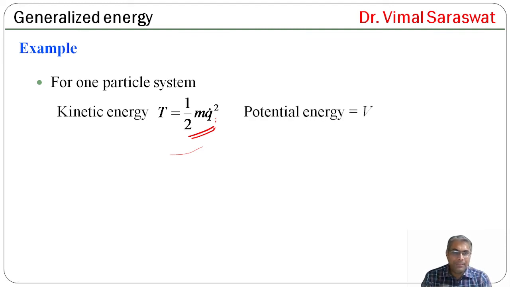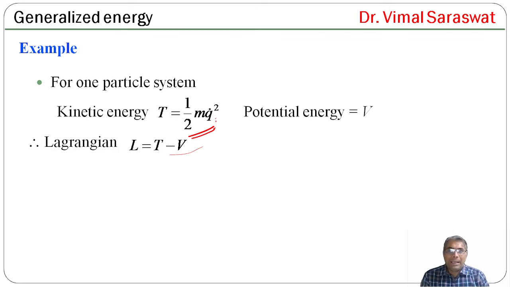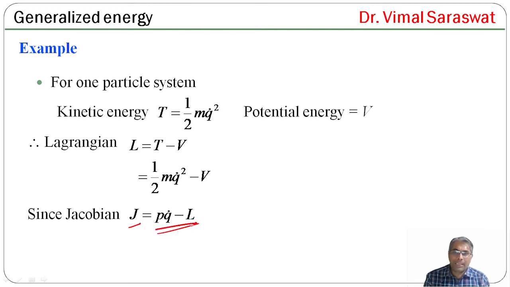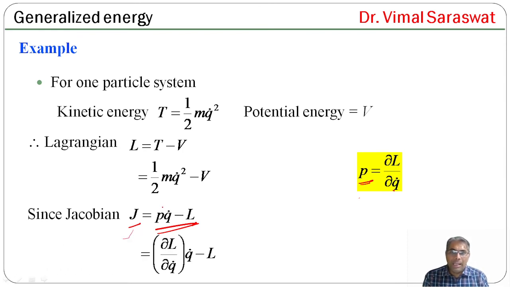Potential energy is V. Now, Lagrangian L equals T minus V, so the Lagrangian for a one particle system is L equals half m q̇ squared minus V. Since the Jacobian J equals p q̇ minus L, and p is canonical momentum, which is ∂L/∂q̇, if we replace p with this one, then J equals ∂L/∂q̇ into q̇ minus L, and this is our Jacobian.